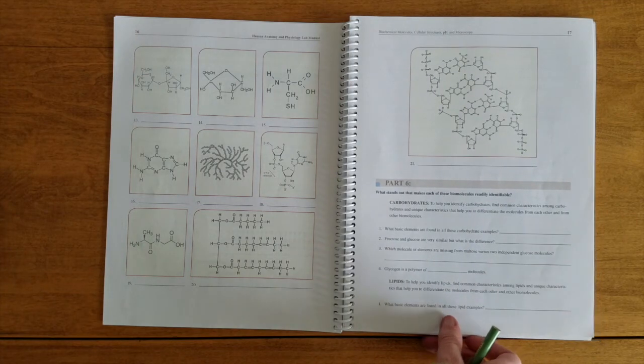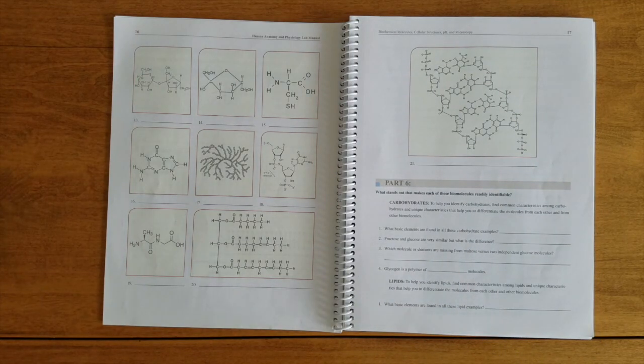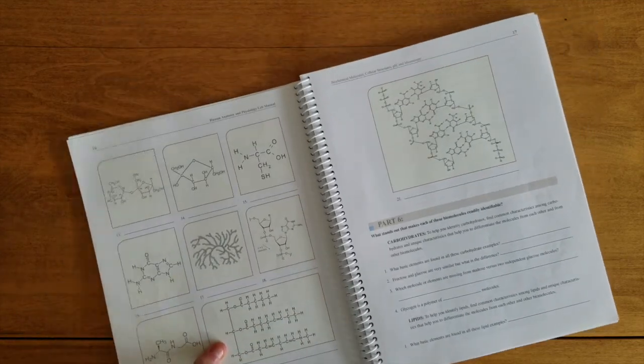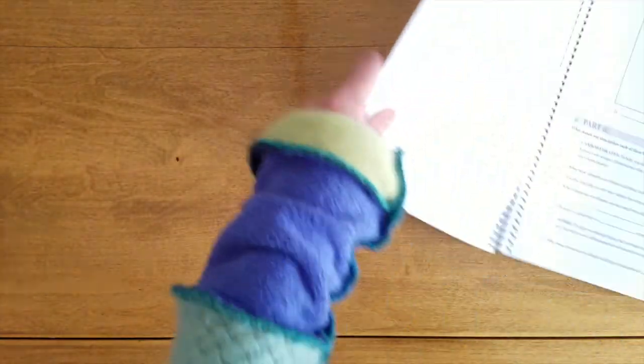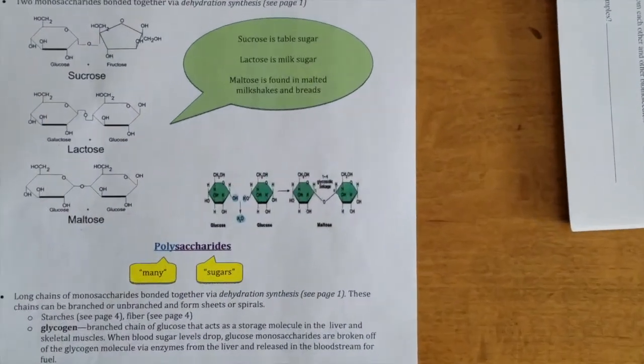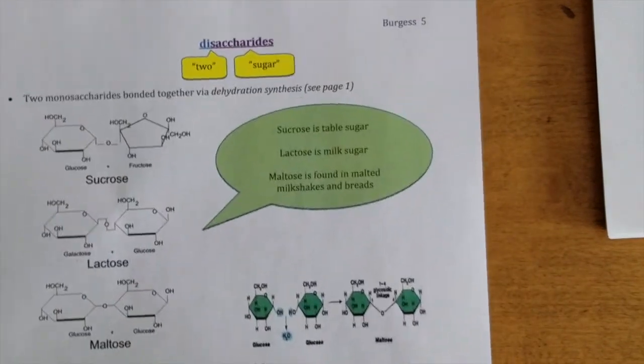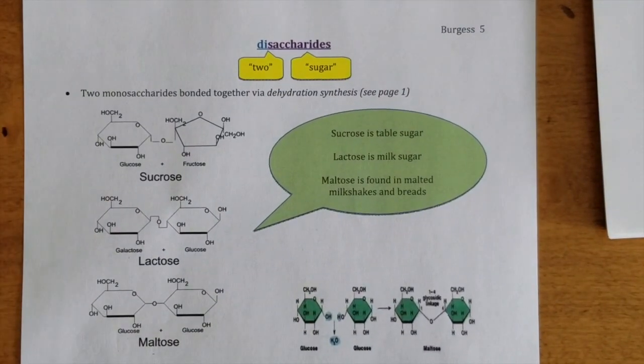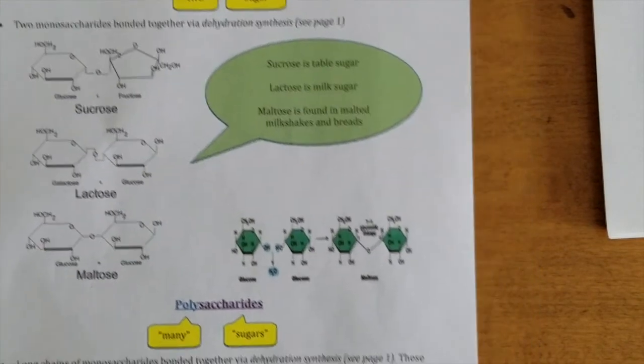Alright, so now let's look at our disaccharides. So remember, our prefix di means 2. So these are just 2 of the monosaccharides we just talked about that are bound together via dehydration synthesis.